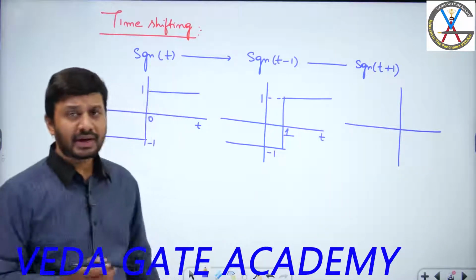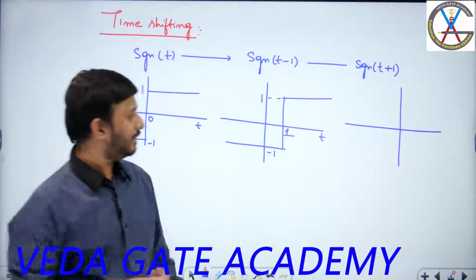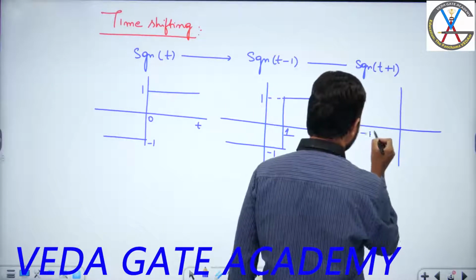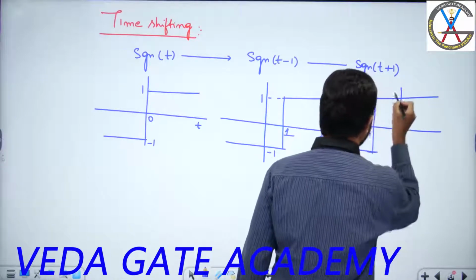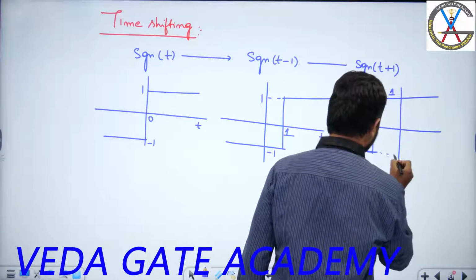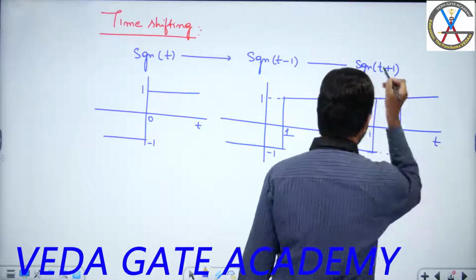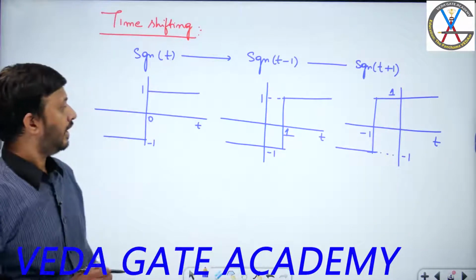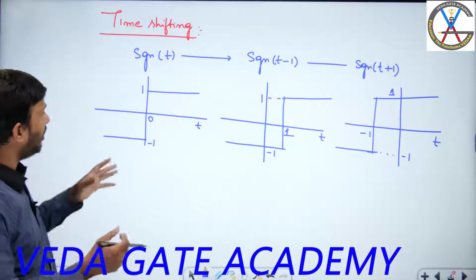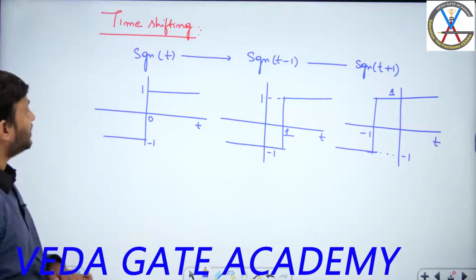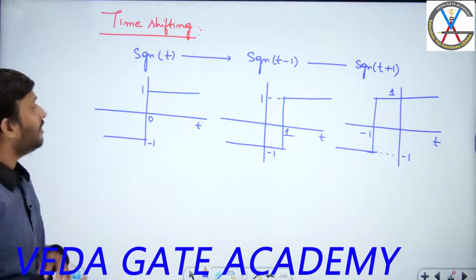We know that delay means right shift, advance means left shift. It will come like this. This is 1, this is minus 1. This is signum of t plus 1 we got. And after this, time shifting is done. So there is no complexity in performing time shifting for the signal called signum.